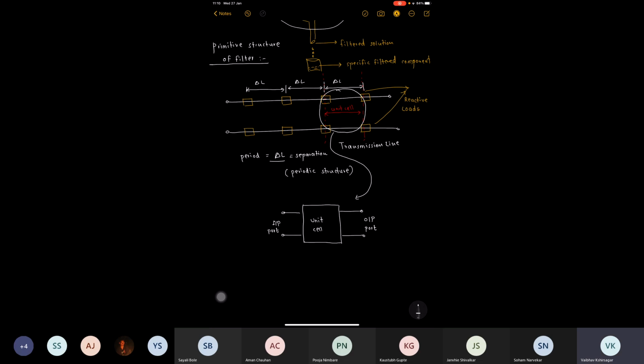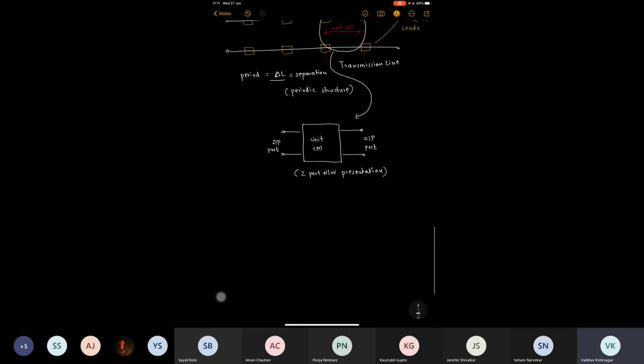So what I have done is taken some part of that segmented transmission line and represented that unit cell with a two-port network. So we understood we can take out some specific component of the transmission line and call it a unit cell.